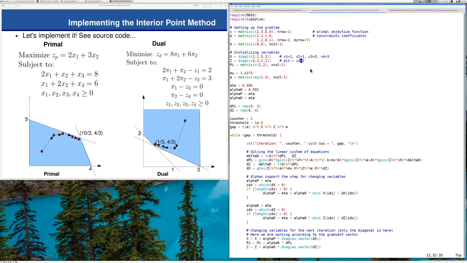I just use this number; you can change it if you want, okay? And pi 2 is going to be equal to z4, and of course, I also decided to assign 2.